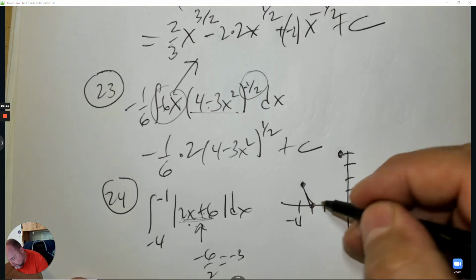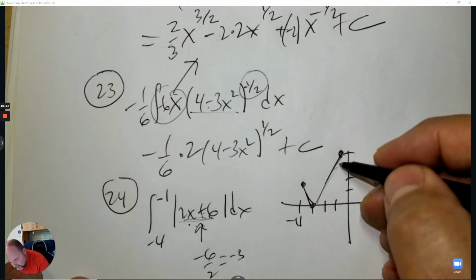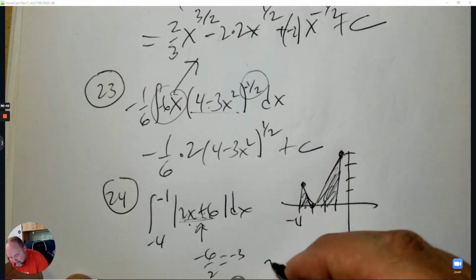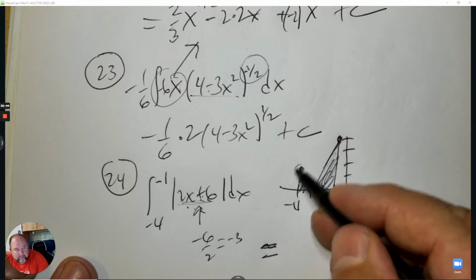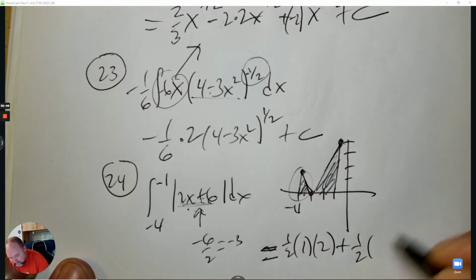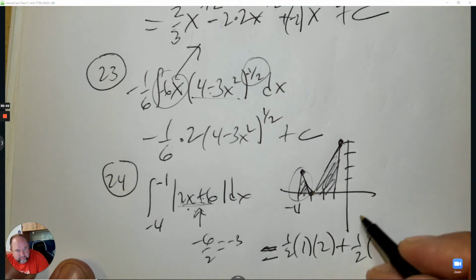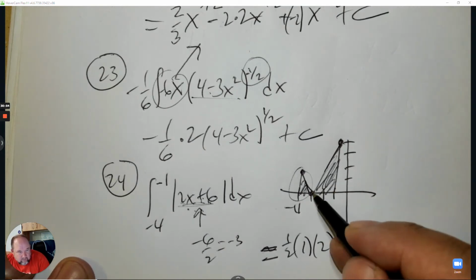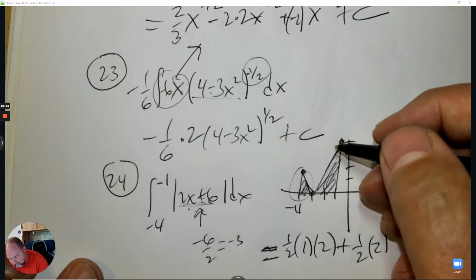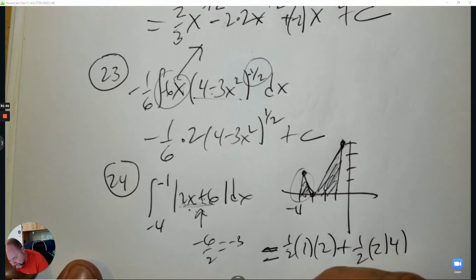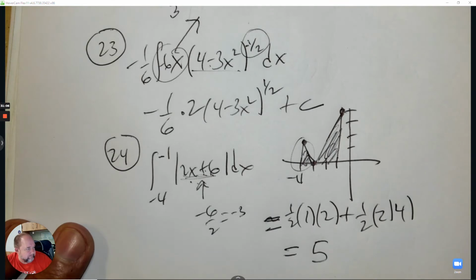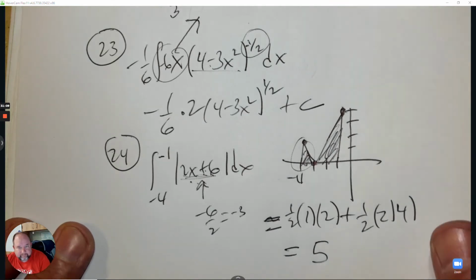So it looks like this. And then there are 2 triangles to find the area of. This triangle, half the base times the height, and then half the base times two, right? And the height, which we said was 4. So this is 1 plus 4, so that's, I think, 5. 25.